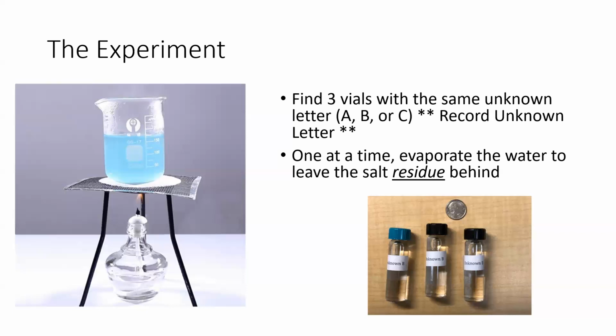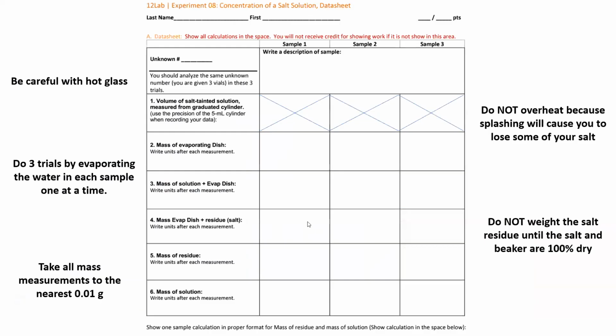You want to evaporate them one at a time so that you have 3 sets of data, or 3 trials, so that you can average the amount of salt residue left behind and hopefully end up with a more precise value. The salt residue is the solid residue that's left behind after the water, which is the solvent, is evaporated. It should be a white crystalline solid.